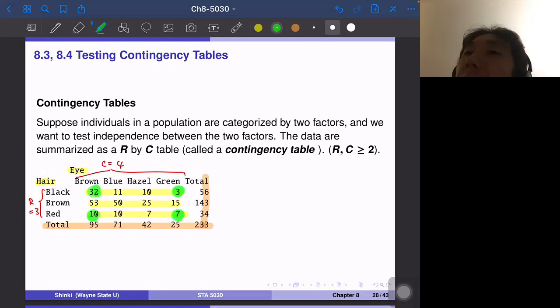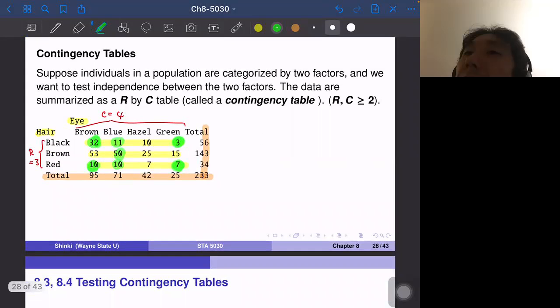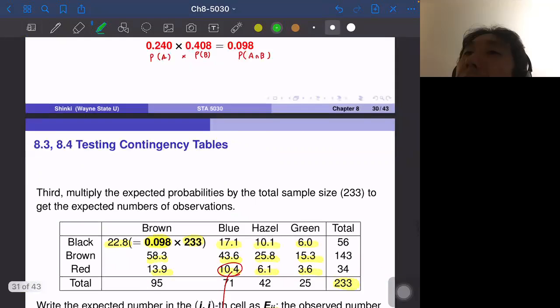So we can say these two are somewhat related, maybe also blue. But blue and green are different in that we have more brown hair students. So eye color and hair color are somewhat related, which is consistent with the test result that the H0 of independence is rejected.